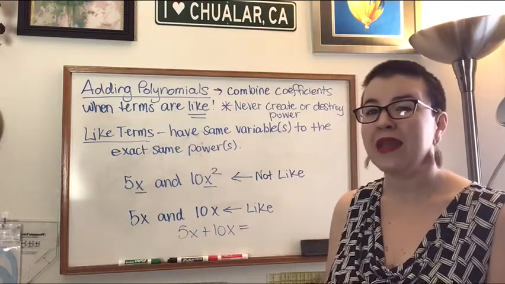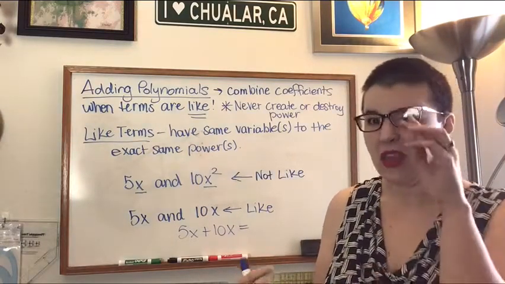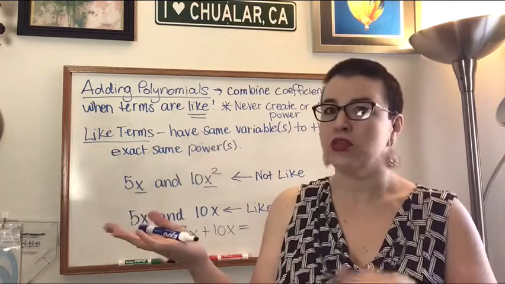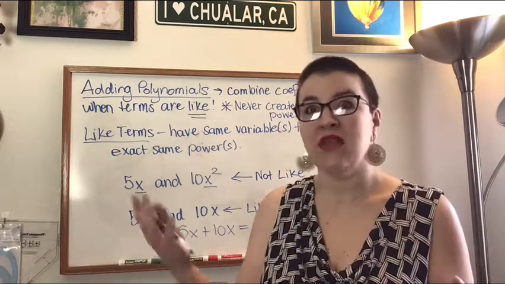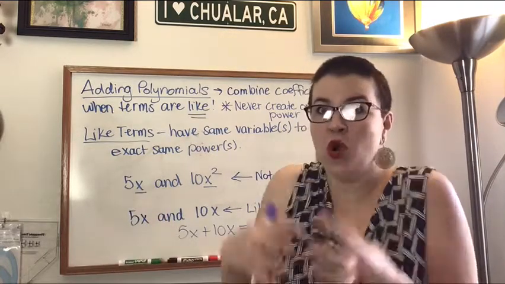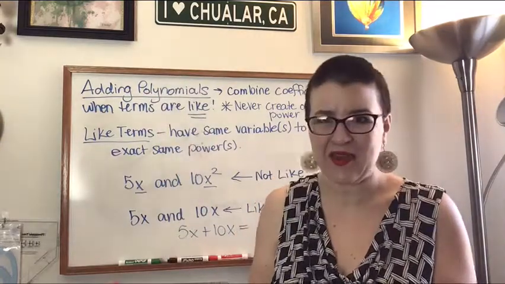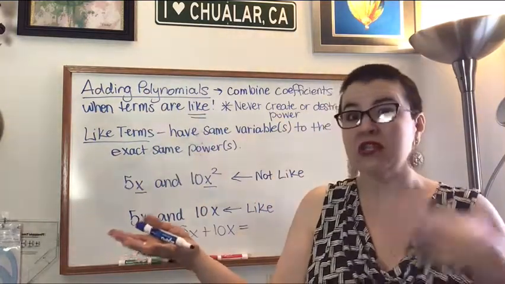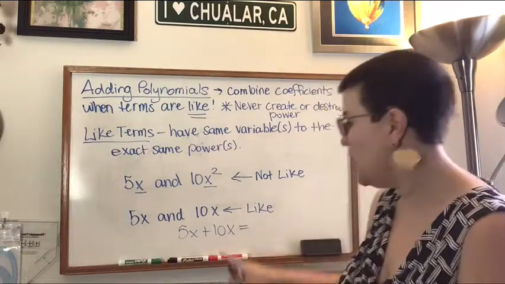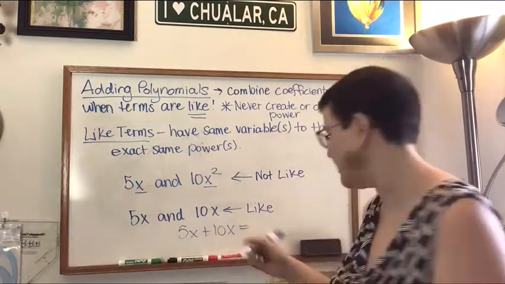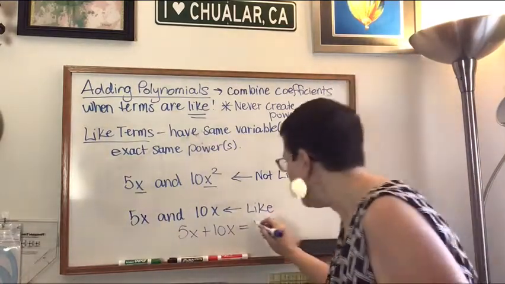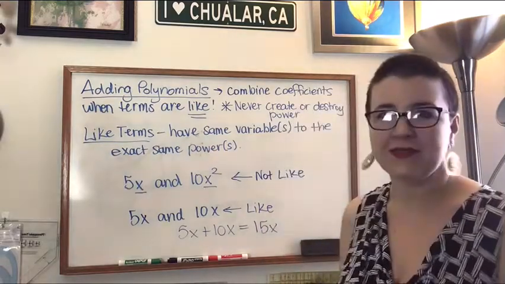I'm not creating a bigger power of x's. It's like if I had 5 oranges and 10 oranges, I'm not going to say 5 oranges plus 10 oranges is 15 oranges squared. That would be insane, right? If you have 5 oranges and 10 oranges, you have 15 oranges. If you have 5 x's and 10 x's, you have a lot of x's, first of all. You have 15 x's, okay?